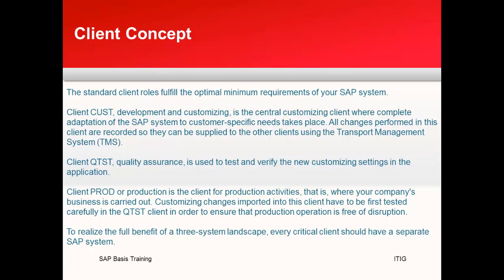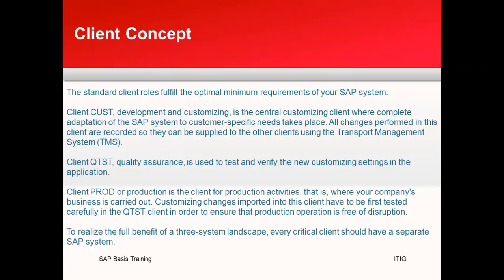Client PROD or production is the client for production activities, that is where your company's business is carried out. Customizing changes imported into this client have to be first tested carefully in order to ensure that production operation is free of disruption.